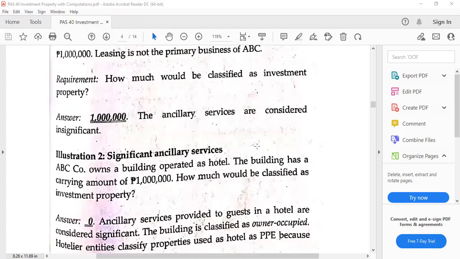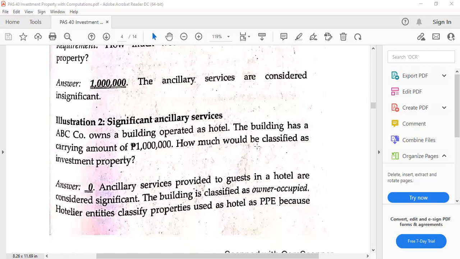Now, what about for a hotel? I think I explained this in the first video, just for the lecture, that if ever the ancillary services, like for a hotel, are basically part of the operations of the business, then it's going to be considered as forming part of our cost of owner-occupied property or property, plant, and equipment.